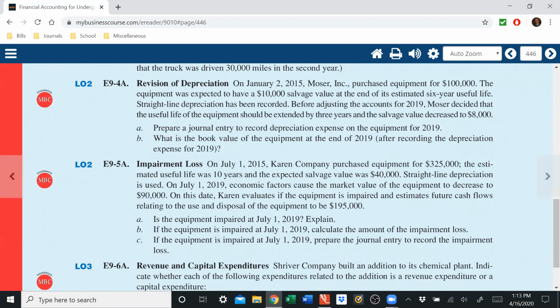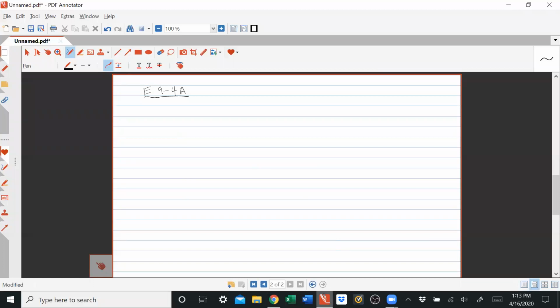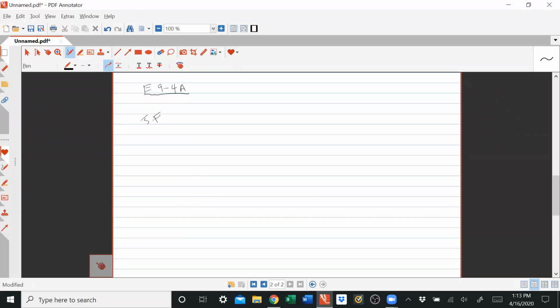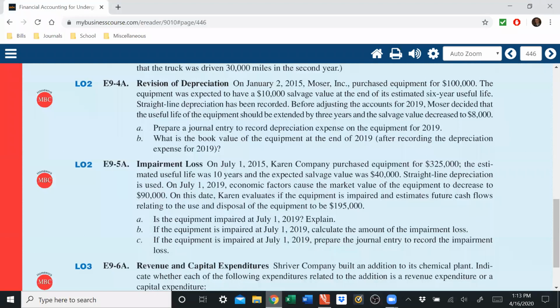Let's prepare a journal entry to record depreciation expense on the equipment for, say, 2015. This same journal entry would be done in 2016, 2017, 2018. And then 2019, it would be different because we make this change.